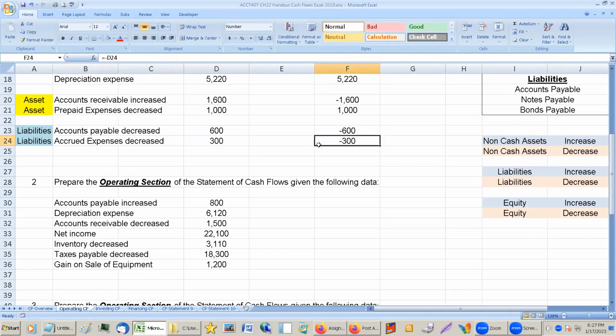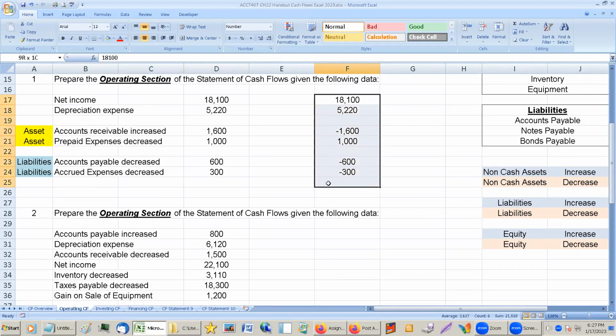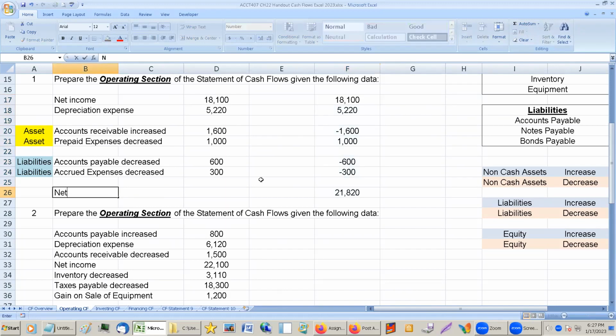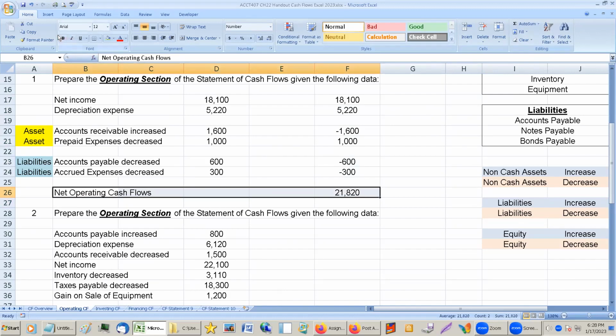Okay, so this all together will be our net operating cash flows.